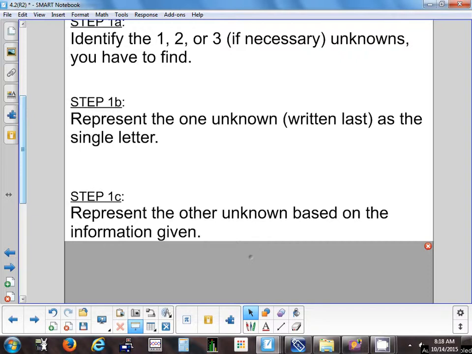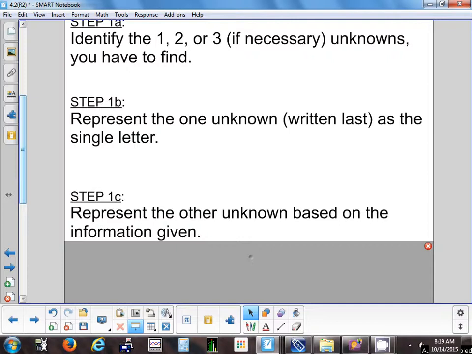Again, this stuff doesn't change. It's the same as what we did yesterday. The box, there'll be more added to it on your little chart, but that box will look exactly the same. Obviously, there's going to be more boxes, but it'll be the same stuff. So we identify the unknowns, like label them.